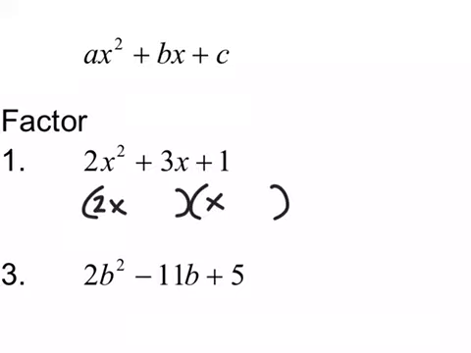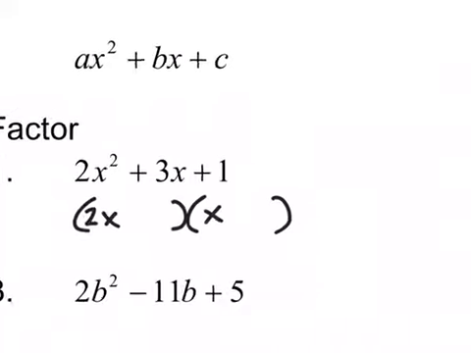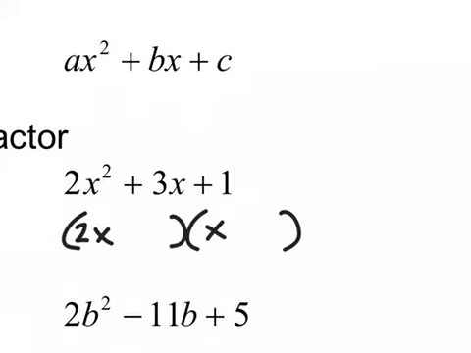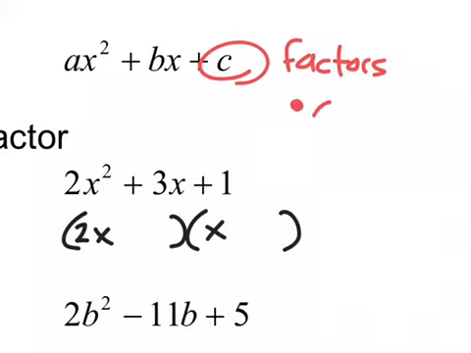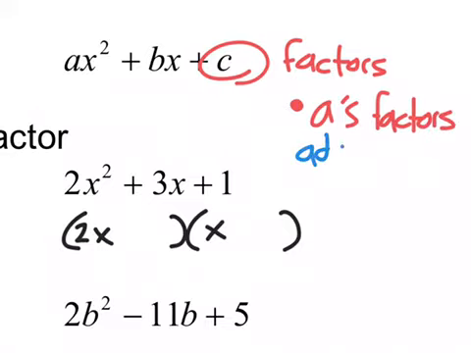Now it has to be a unique combination of factors of c still, so I am still going to be looking for the factors, but it has to be those factors that also multiply by a's factors and then add to give us b. Alright, and really the best way to do these is to try a couple, check your answers with distributing, and then you'll kind of start to see the relationship that exists.